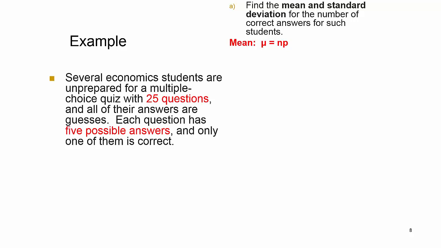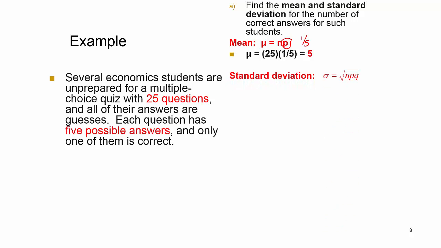The mean is mu equals n times p. n is 25 total questions, and p is the probability of success. The probability of guessing correctly, since there's 5 answers, is 1 out of 5. So 25 times 1 out of 5 is 5.